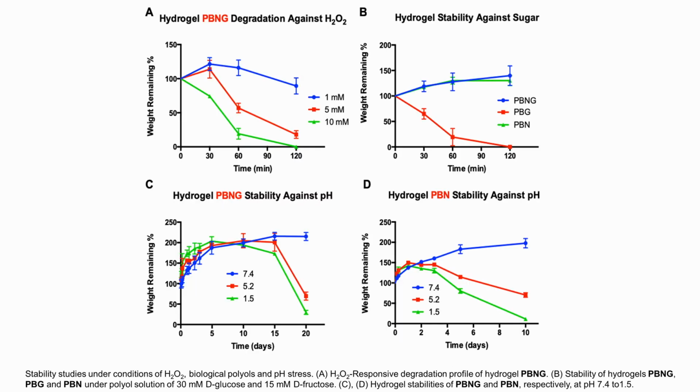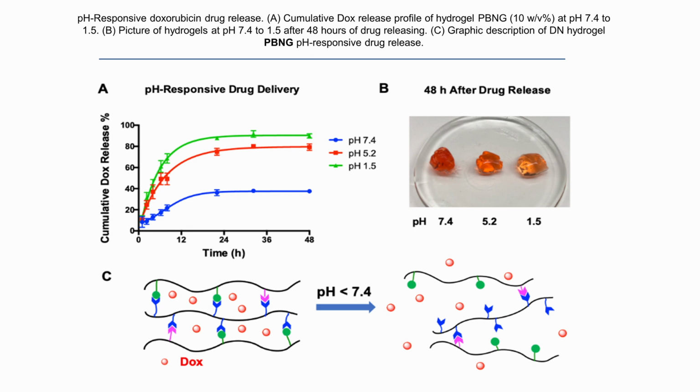We looked at the responsiveness under different conditions: pH, sugar, and H2O2. We also looked at a drug release experiment from the gel by selectively degrading the cross-linking linkages. For example, if you're working at 7.4, inside the cells it is probably around pH 5 or 6, so one bond will be broken.